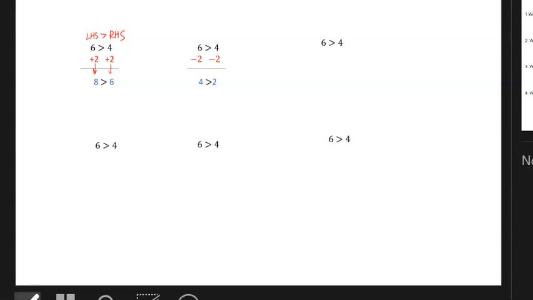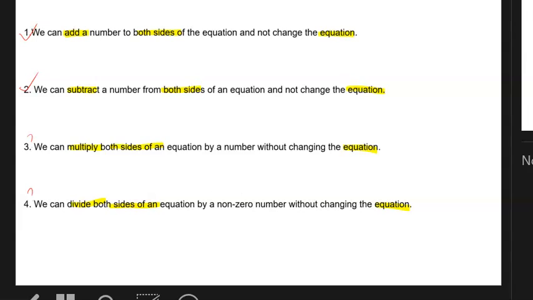Similarly, this also works for subtraction. If we take 2 pounds away from both sides, the left hand side is still going to be heavier or bigger. So the first operation still works when we add or subtract a number on both sides, even if we change the equation to an inequality.